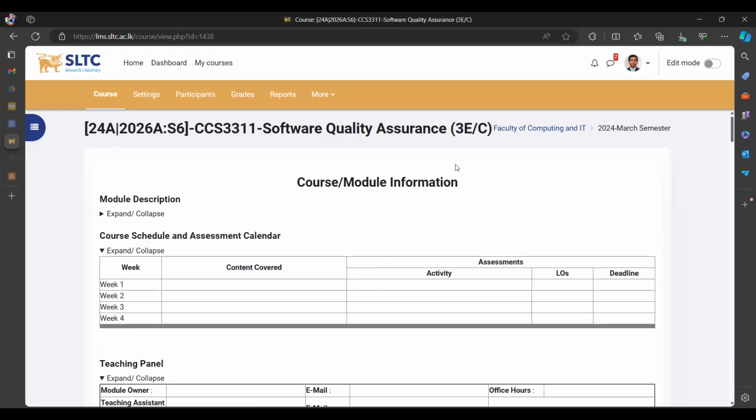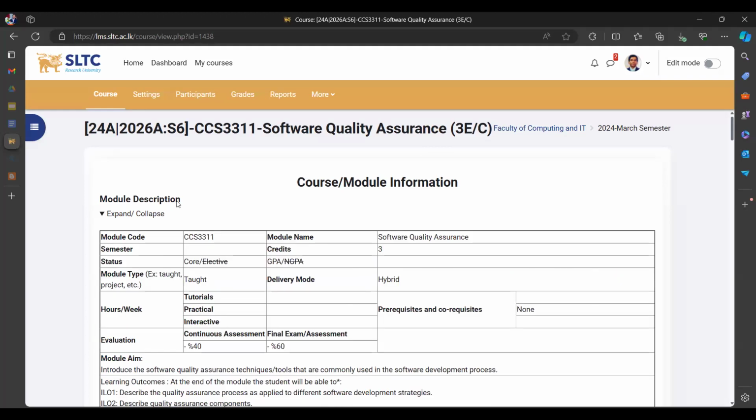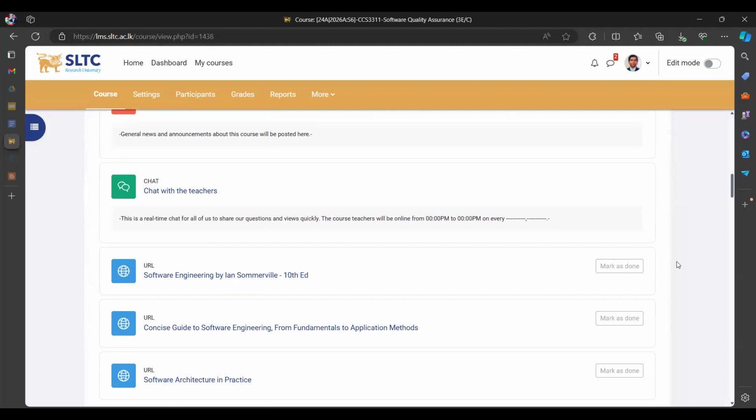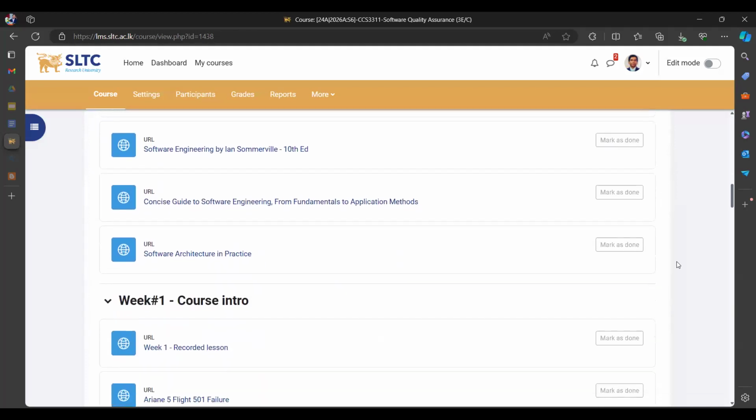Right. So here's our LMS page. If you go down to week 1 here, I've uploaded the books, right? This is a very good one, Concise Guide to Software Engineering.